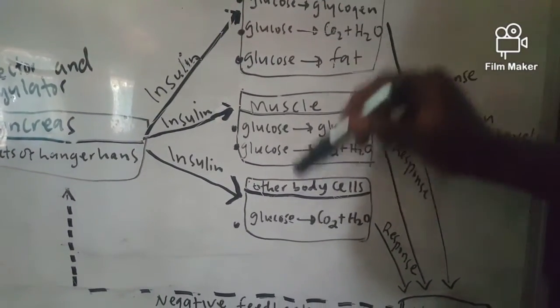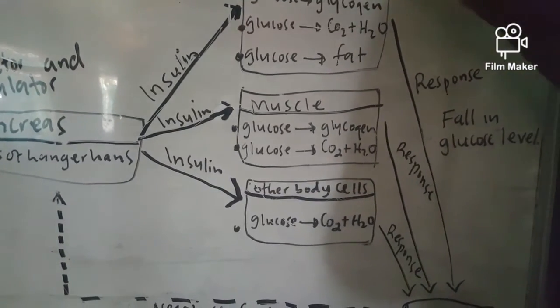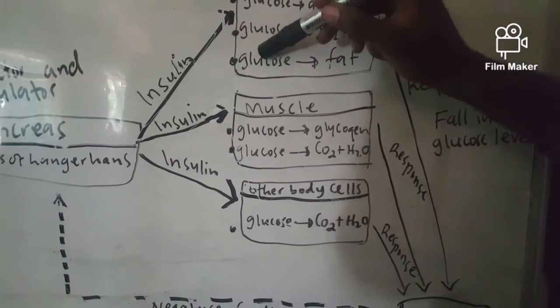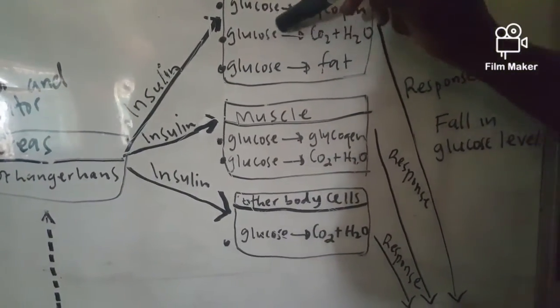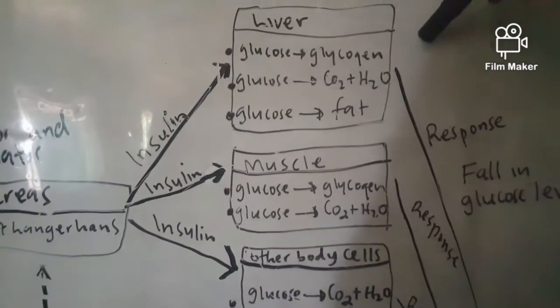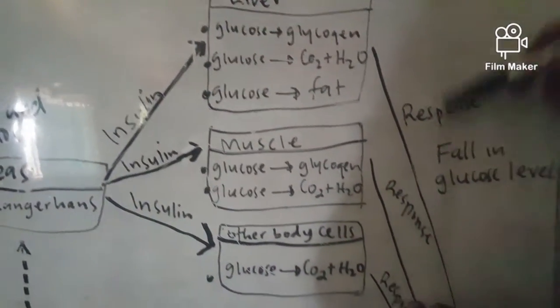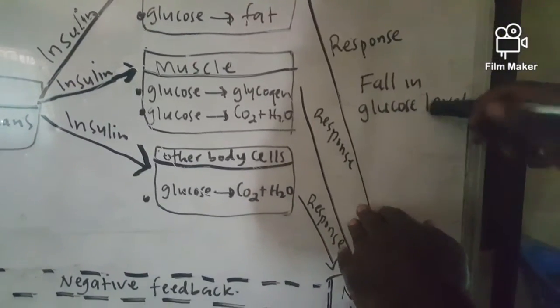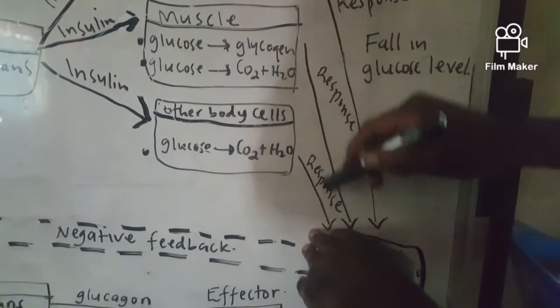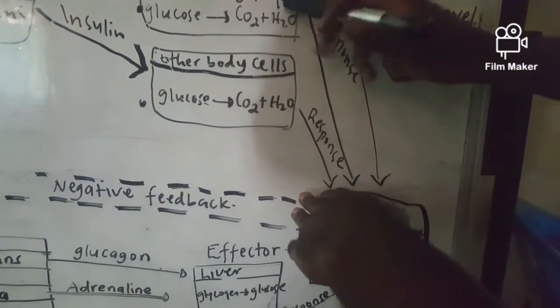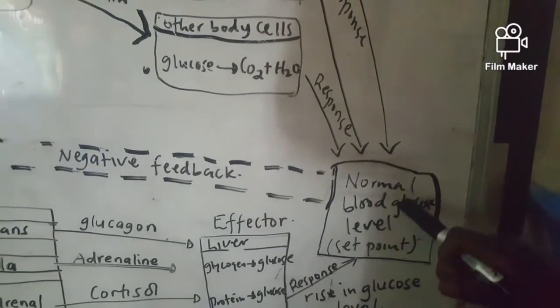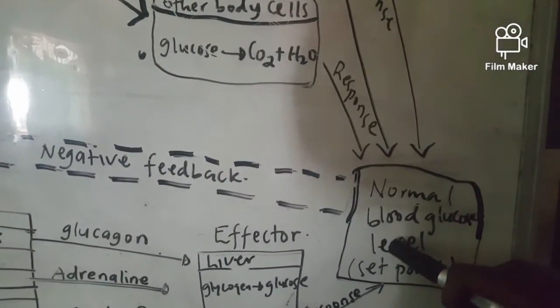But the overall effect of these activities in these different effectors is to bring out the response, which is a fall in glucose level. Remember, it had gone high, so this fall is bringing it back to the set point.